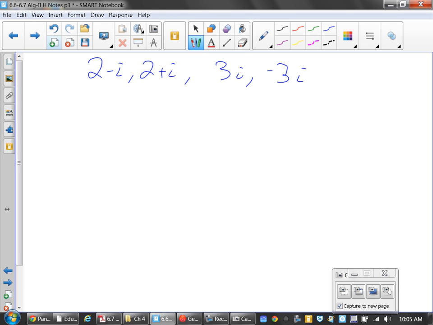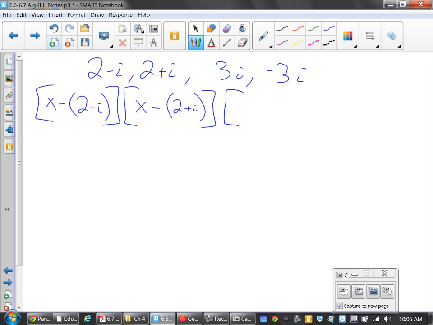So again, as you go through this, your zeros become x minus the quantity 2 minus I, x minus the quantity 2 plus I, x minus 3I, and x plus 3I.